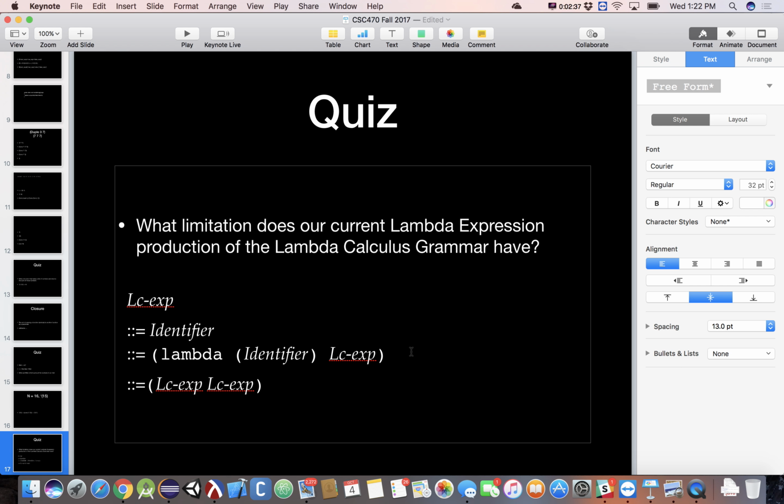But if you need more than 1 parameter, things are going to get dicey unless you hide those parameters inside of a list or something like that. Like, give me 1 parameter, but the parameter is actually a variable environment or something like that, a dictionary. So the limitation is that our lambda expression only supports exactly 1 parameter, 1 input. Questions on that one?